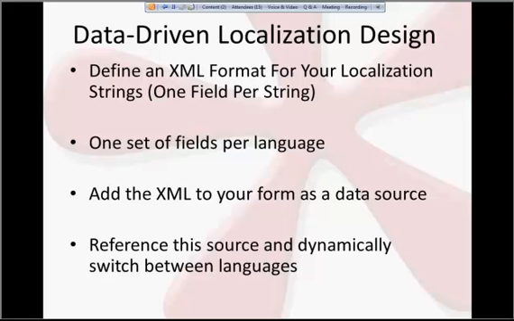You'll take that XML and add it to your main form as a secondary data source, as a resource within the file that it loads when the form is opened. And you can reference the source and dynamically switch between the languages just using some fancy XPath. Well, I wouldn't say that fancy.